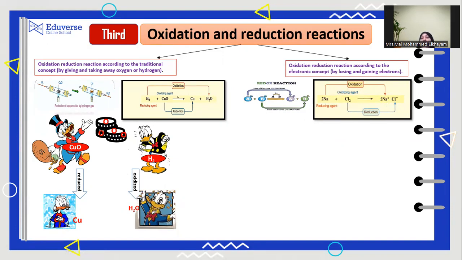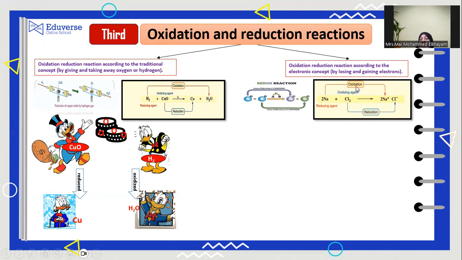I will make you memorize just one of them, and you have to conclude the others. Just memorize that in oxidation reduction reactions according to the electronic concept, oxidation is the loss of electrons. And as we know, the name of the agent is the opposite of the name of the process. So sodium will lose electrons.